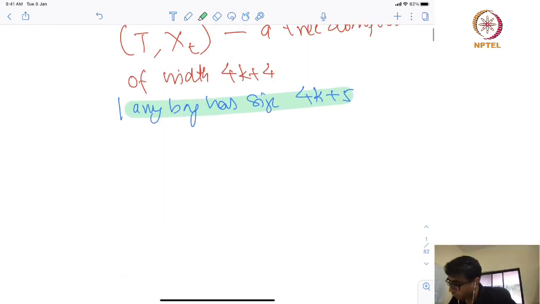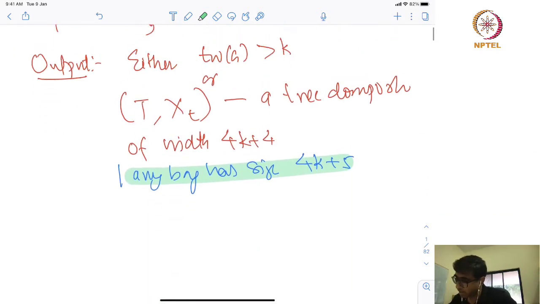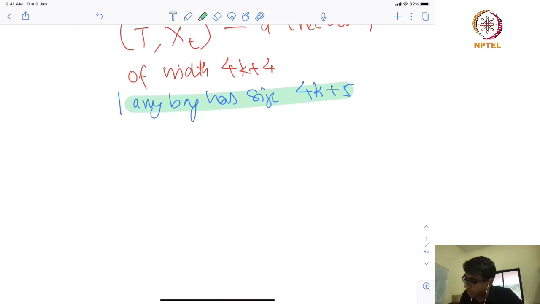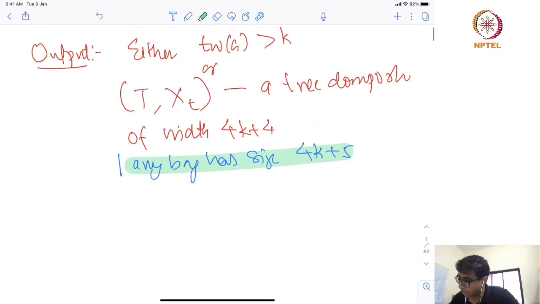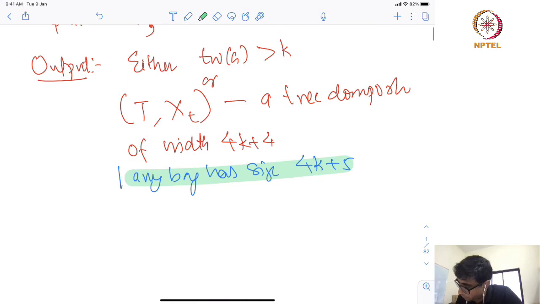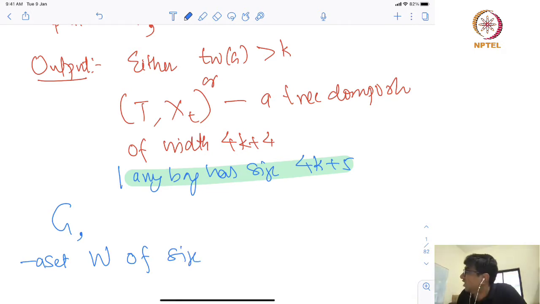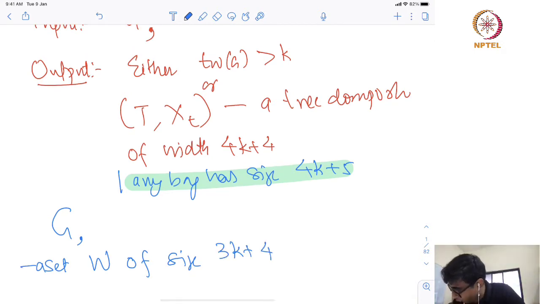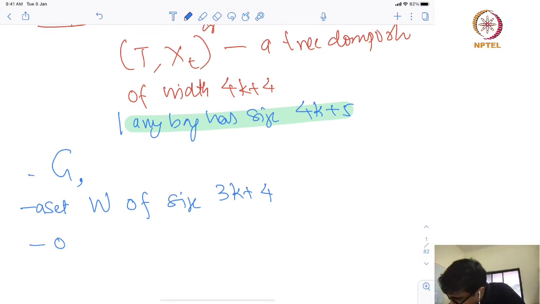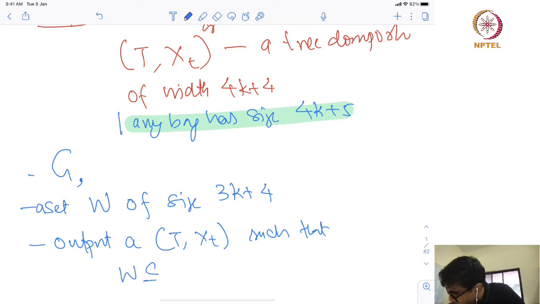So, how did our algorithm work? If you recall, we had this nice existential algorithm, which, because of the recursive nature of the algorithm, actually takes a graph G and a set W of size 3k plus 4, and outputs a tree decomposition such that W is contained inside X_R, the root bag.